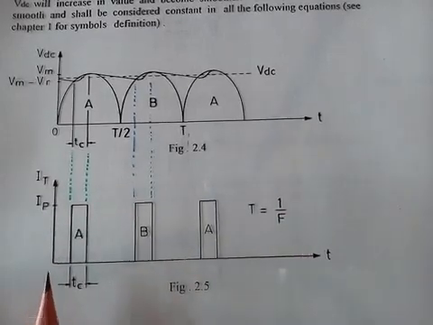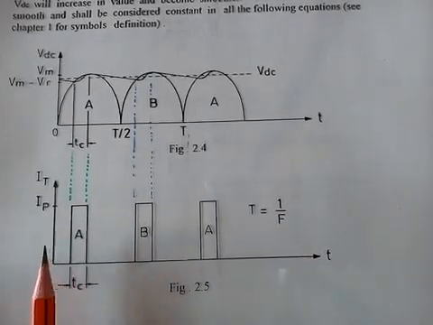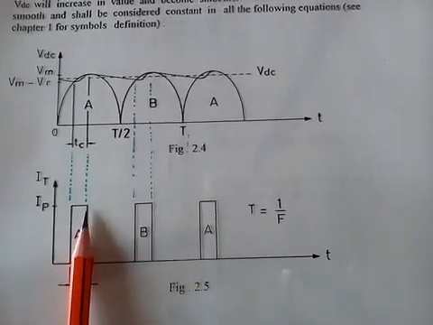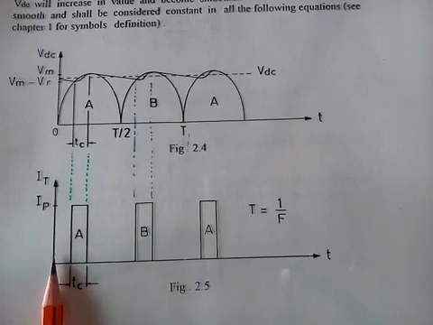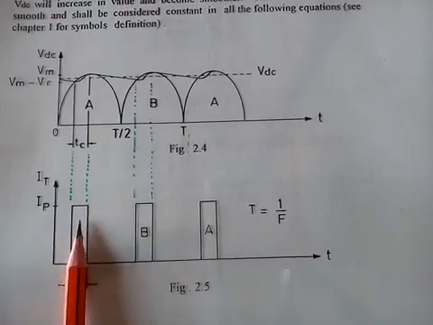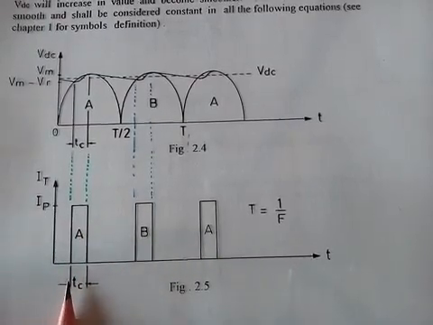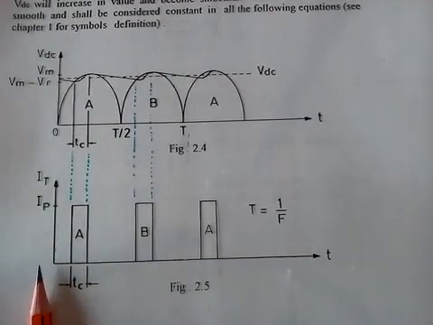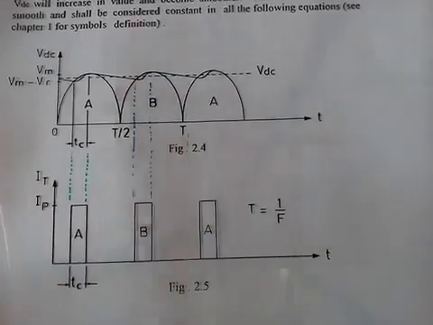Of course, the charging current through the cap is not actually this neat, not with those 90 degree angles that we see in here, but this is just to simplify our life and make our calculations easier.